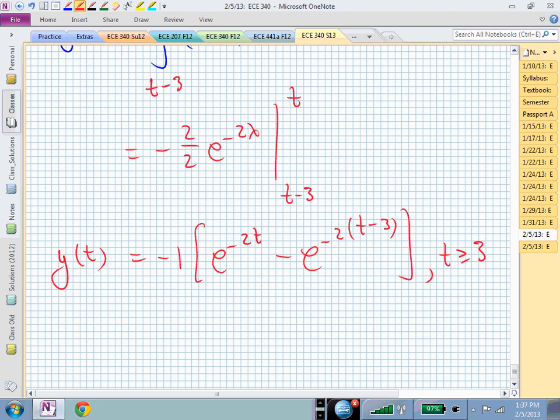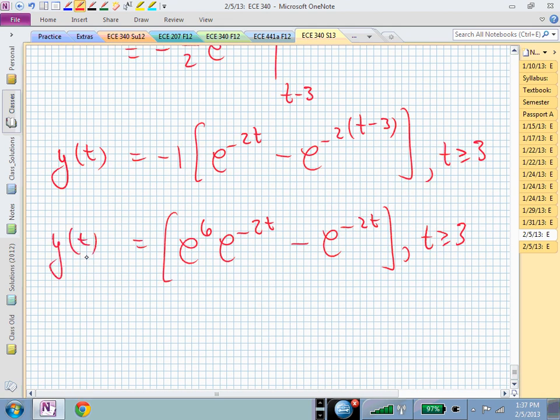And if you wanted to clean this up, we could push the minus 1 through, and we have an e to the minus 2 times a minus 3, so we really have an e to the 6, e to the minus 2t minus e to the minus 2t. Or maybe that's kind of ugly, so we factor out the e to the minus 2t, and we have e to the 6 minus 1, which is just a number, which is a big number.